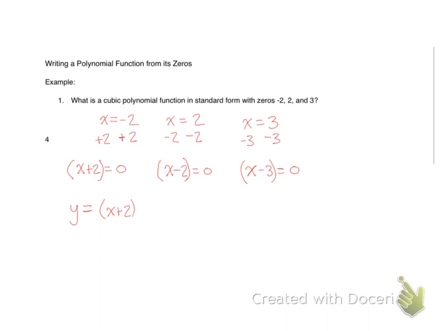So I have x plus 2 times x minus 2 times x minus 3. Now it wants it in standard form. Go ahead and put a star by this. I will explain this whenever I get back because it can get quite confusing and I don't want to do that just yet. But you have the factored form right here. So this is your factored form.